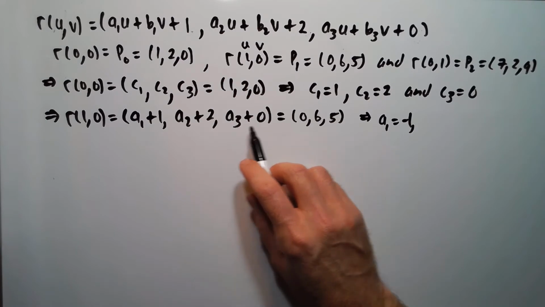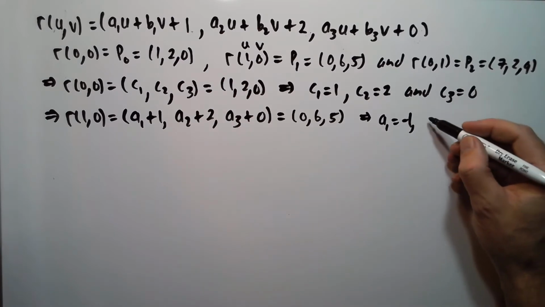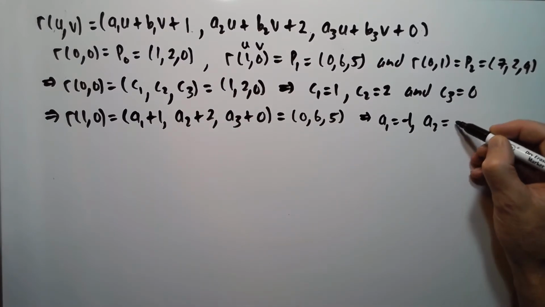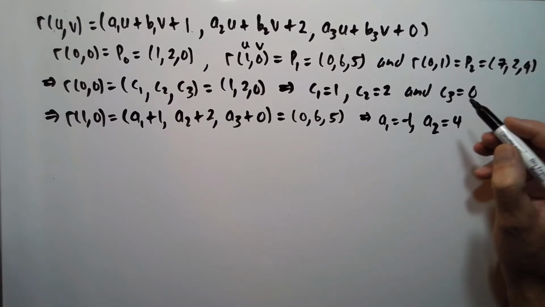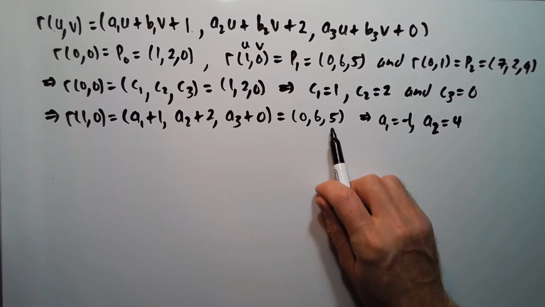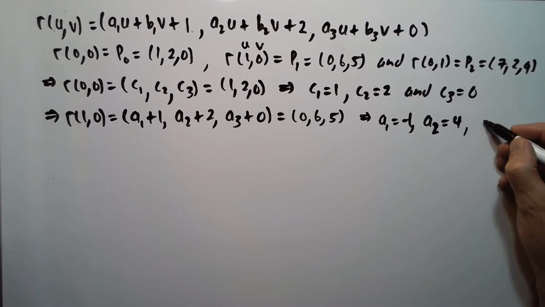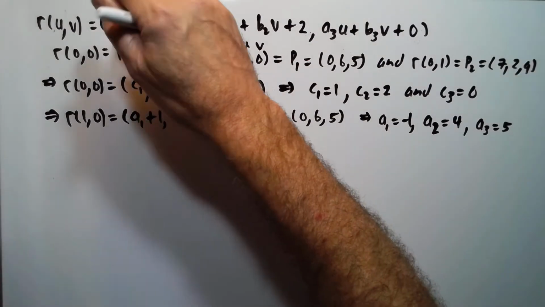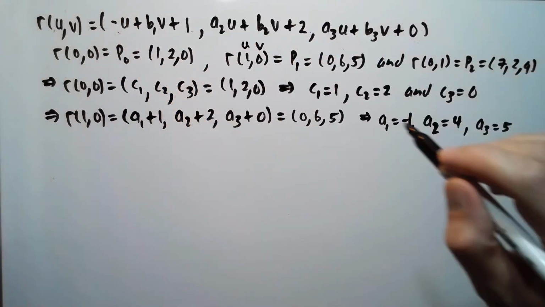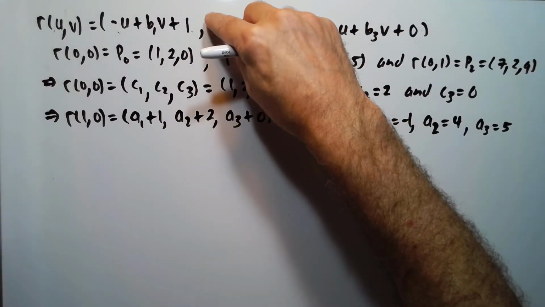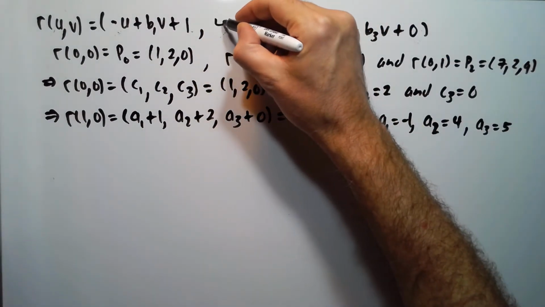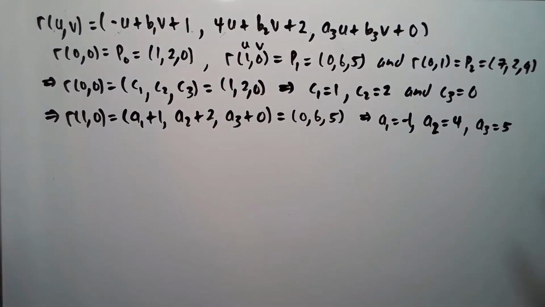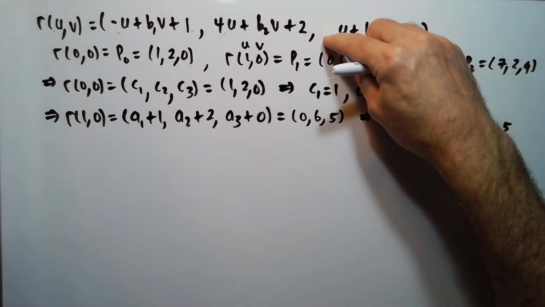And A2 plus 2 is 6, so A2 would have to be 4. And A3 would have to equal 5. So we can replace those up here: minus 1, A2 is 4, so I can put a 4 here, and A3 is 5, so we can put a 5 here.